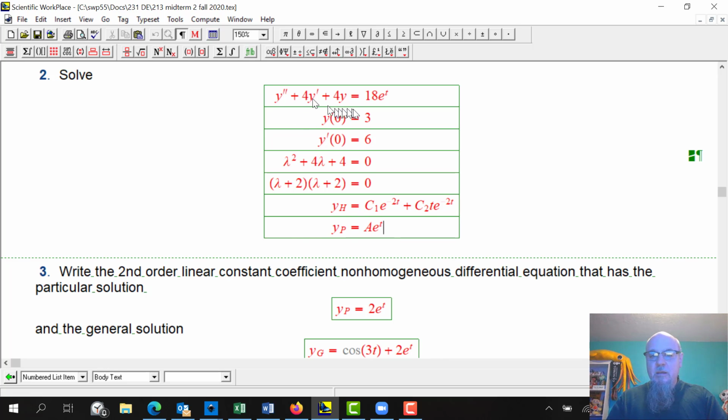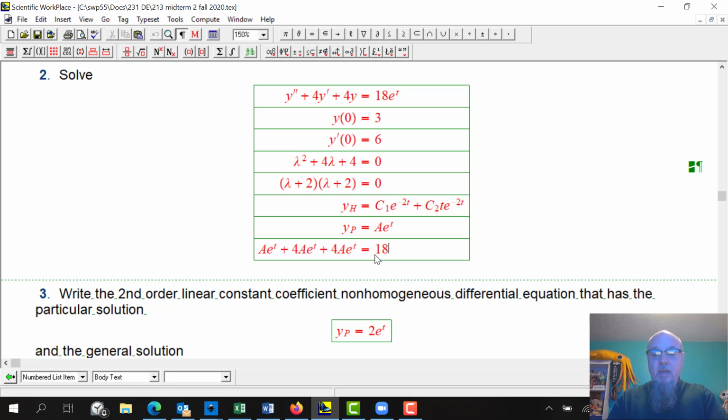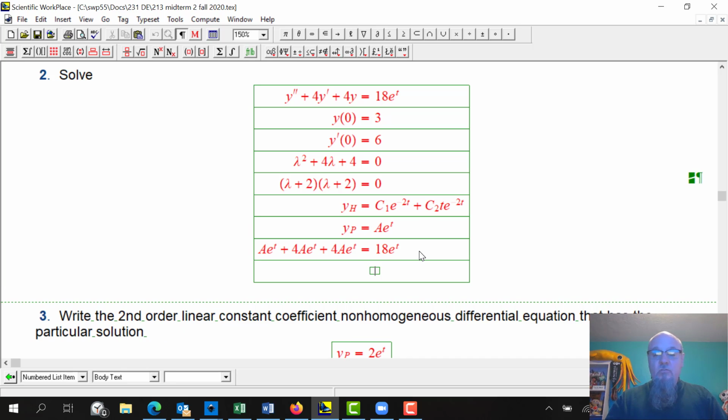So when I sub this in to the left-hand side of the equation, I'm getting y double prime plus 4y prime plus 4y is equal to 18 e to the t. I'm setting it equal to my target function, and that gives me a is equal to 2, because this is 9a equals 18. So the particular solution then is 2e to the t.